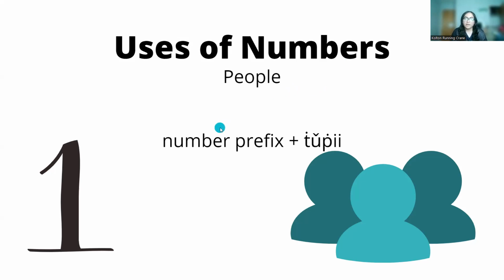When you're talking about matapi, which is a person, you take the number prefix, which we have learned, and then you add it to tapi, which comes from the word matapi, which means person or people.